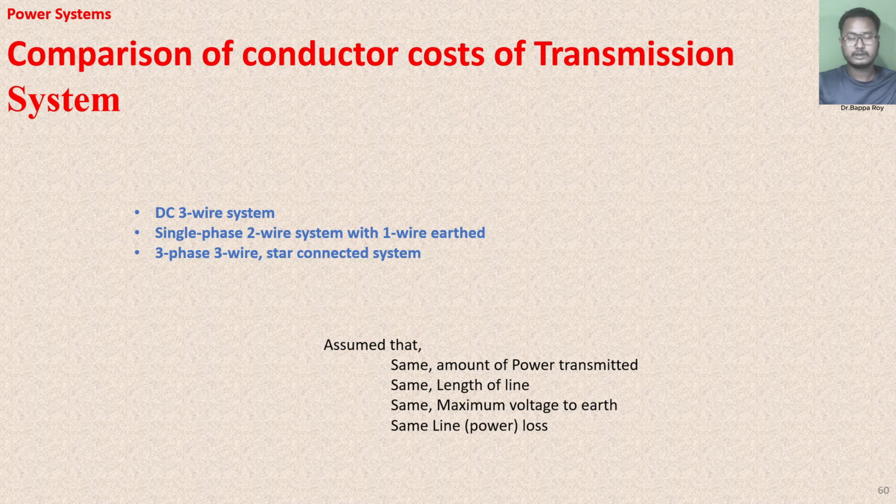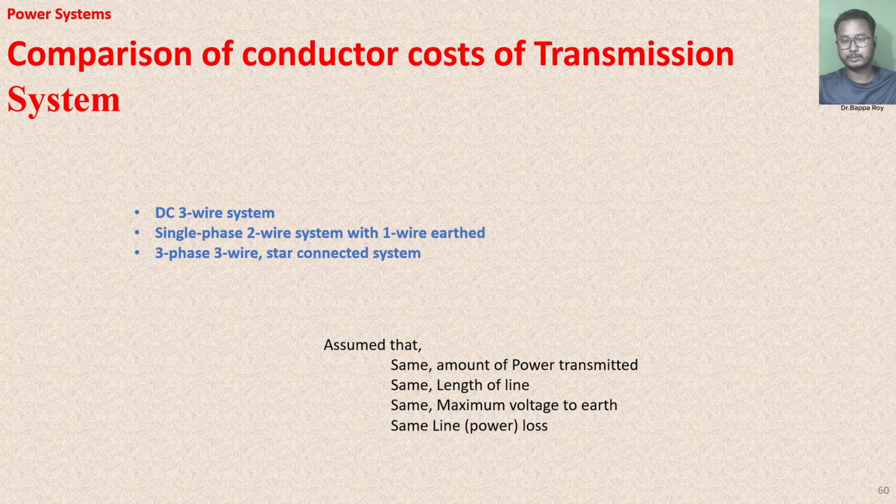First of all, we will assume that the same amount of power is transmitted. Otherwise, we will not be able to compare. If three different systems transmit three different amounts of power from one point to another, it will not be possible to compare.